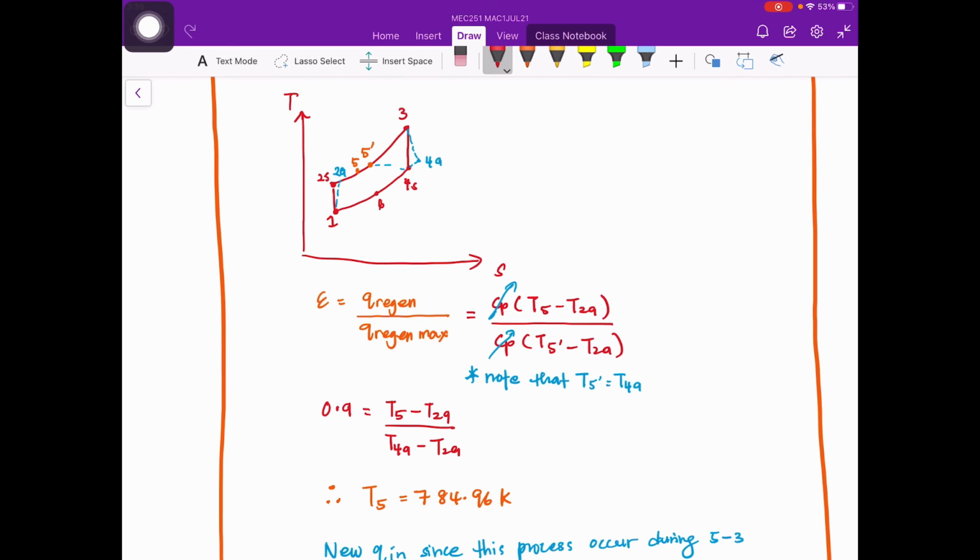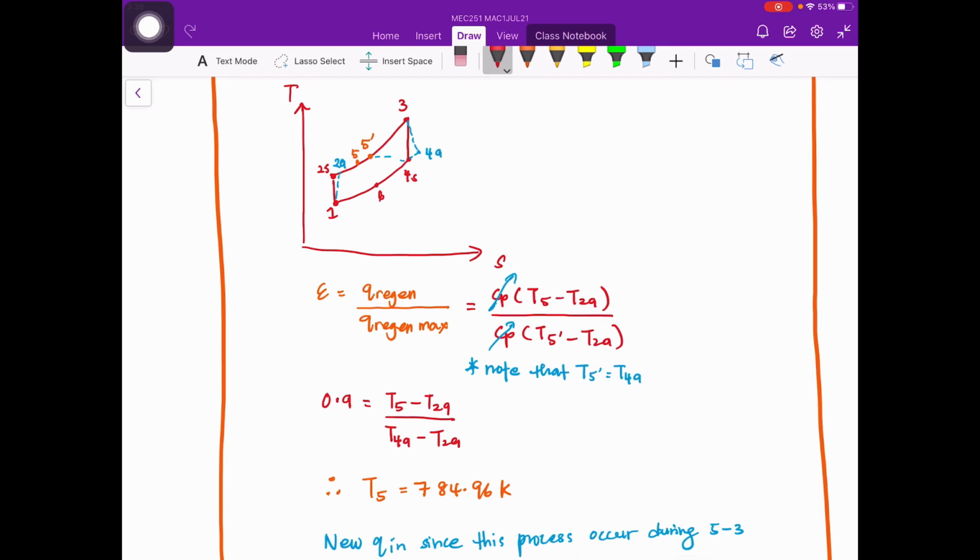Alright, so from this formula, we can determine the temperature at state 5. So for this question, we are going to get T5 equal to 784.96 Kelvin.